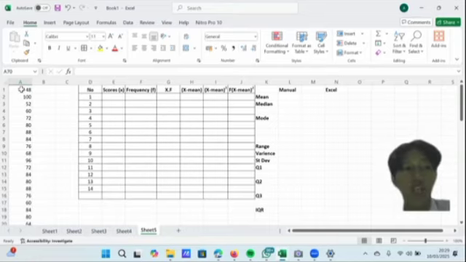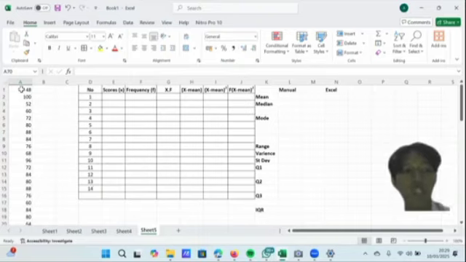I'm going to show you how to analyze the data of a student reading comprehension test that consists of 69 scores. We're going to use descriptive statistics, doing the measure of central tendency, which describes the central position of a frequency distribution for a group of data, including mean, median, and mode.